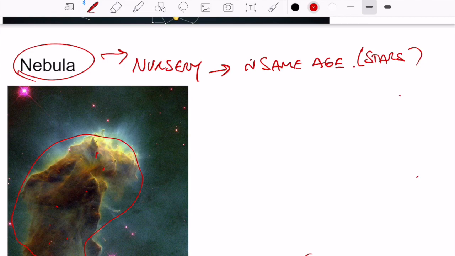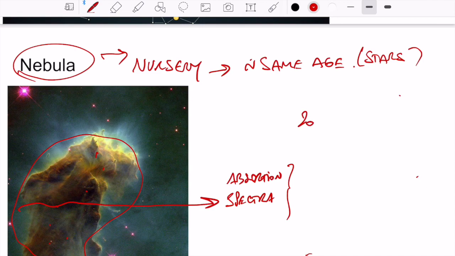Why is it important for us to look at the light that passes through a nebula? We saw that in topic 9, that the light is giving us information about the spectra of absorption, right? That means the atoms that make this nebula are telling us about the early stages of the universe, before the galaxies were formed, when the universe was probably 20 minutes old. 74% is hydrogen, and I think 25% is helium.